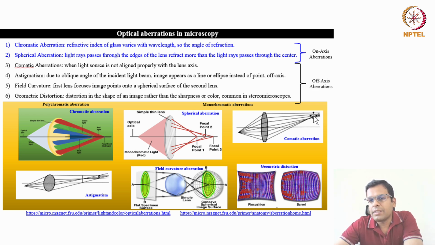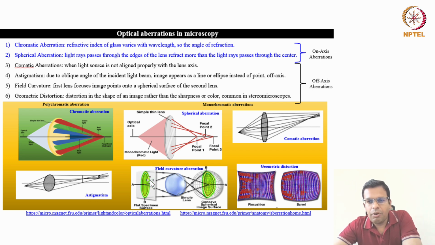That is known as chromatic aberration, and because of it you will see the comet-like shape of the point source of light. Then astigmatism. Here also the light source is not well aligned with the optical axis of the microscope system, and because of that it creates an effect known as astigmatism, because all the rays are not merging at the same point and are merging slightly away from the optical axis.